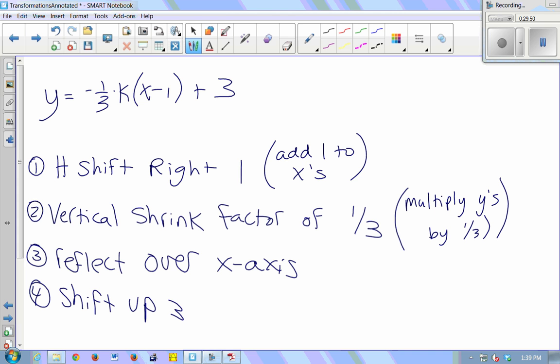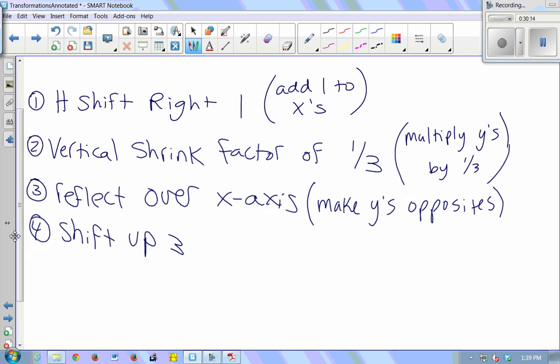Reflect over the x-axis. What do I do to the coordinates to make that happen? Make the y's the opposites. Good. And then how do I shift up 3? What do I do to the coordinates to make that happen? Add 3 to each y. Add 3 to all the y's.